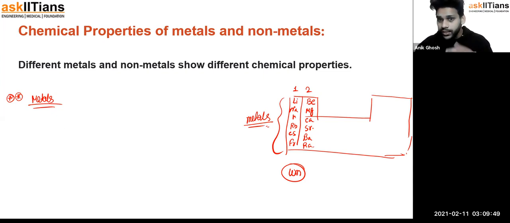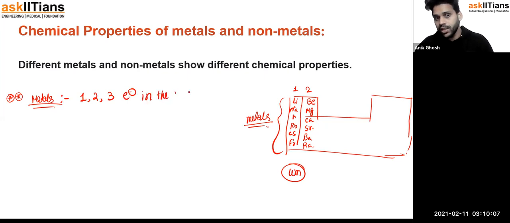When you read the chapter on periodicity, you'll see that metals are the elements that have 1, 2, or 3 electrons in the valence shell, isn't it?